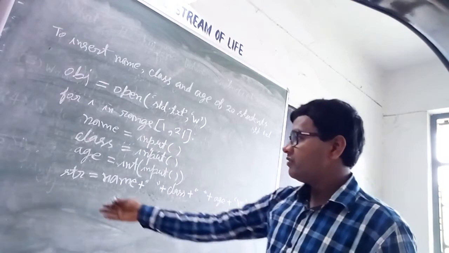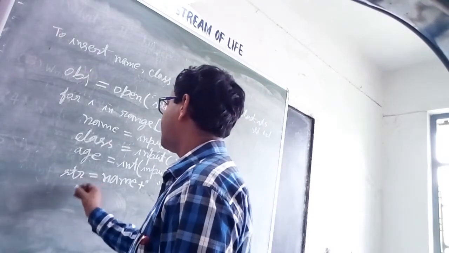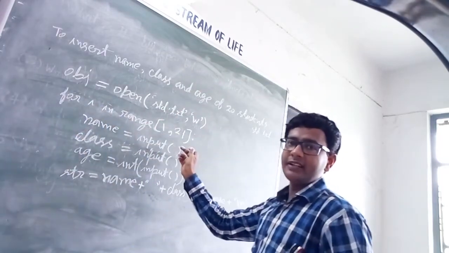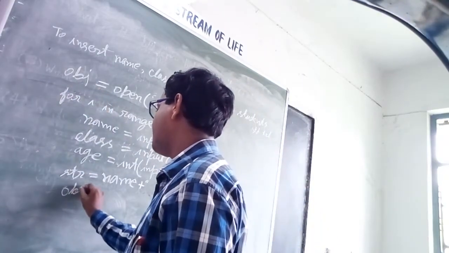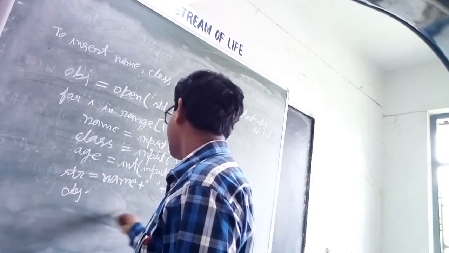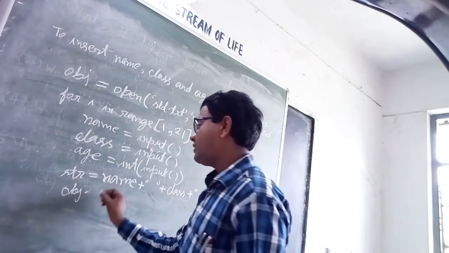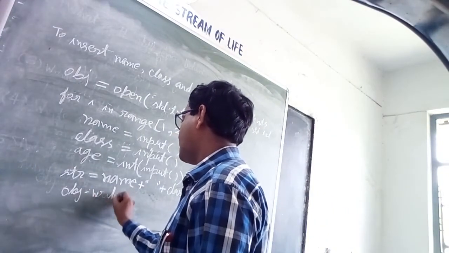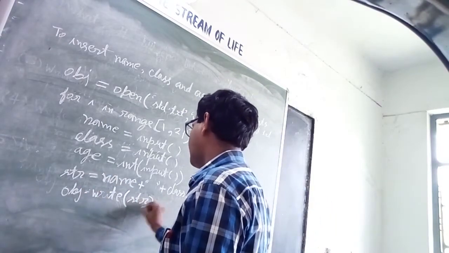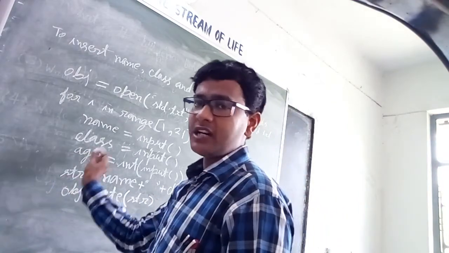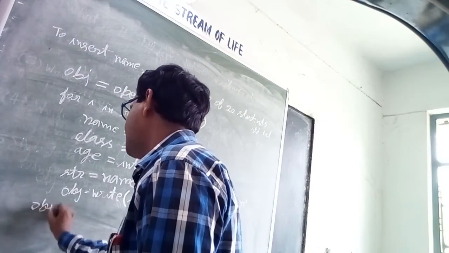Now we use our string in the write function of our file handler. What is the file handler? obj. Then we use obj.write(str), and at the end we close our file, obj.close.